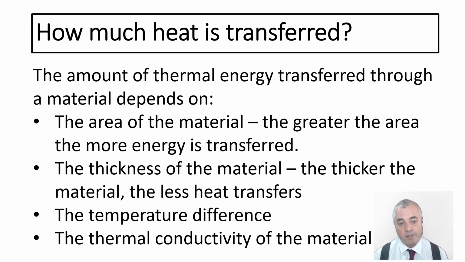The thickness of the material: the thicker the material, the less heat is transferred. The temperature difference between the inside and the outside. And then finally the material itself. Materials have a property called thermal conductivity, and the higher the thermal conductivity, the faster thermal energy will be transferred through that material. So that takes us to the end of episode 4.